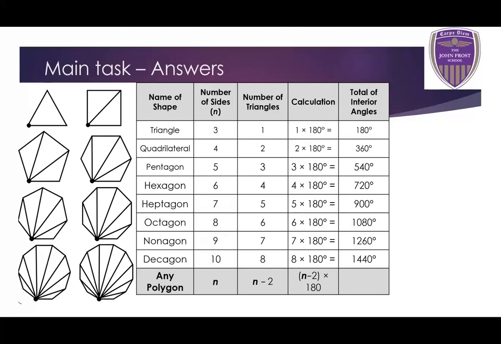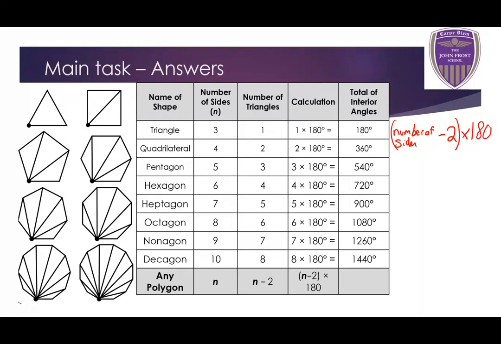And what you should have realized is the quick way to find the sum of interior angles is to take the number of sides, take away 2 from that number, and then times that by 180, okay?